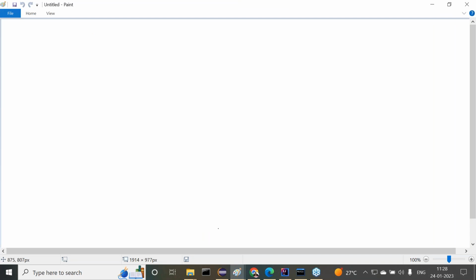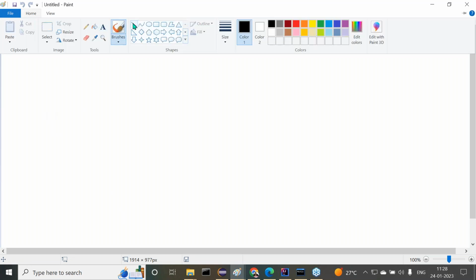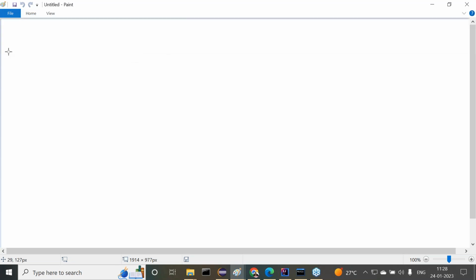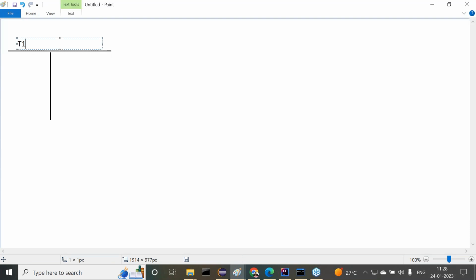Say for example, I have two transactions. This is the T1 transaction, and this is the T2 transaction. Two transactions are available here.